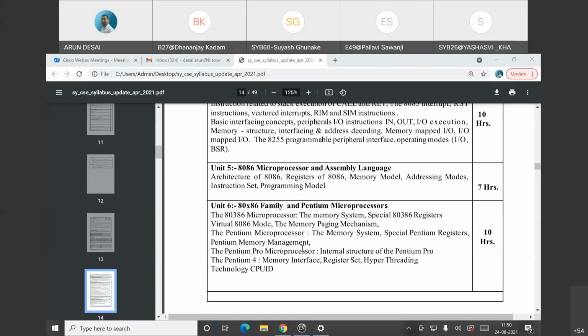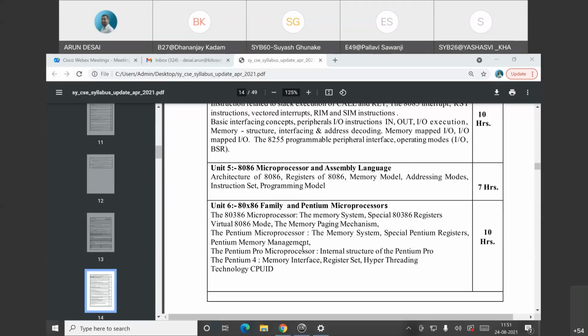So all other processors from 386, 486, then Pentium 4, Pro, and the changes which were made from 186 to 286, 386, 486, then Pentium 1 to 4, then Pro. All things are included in unit 6.